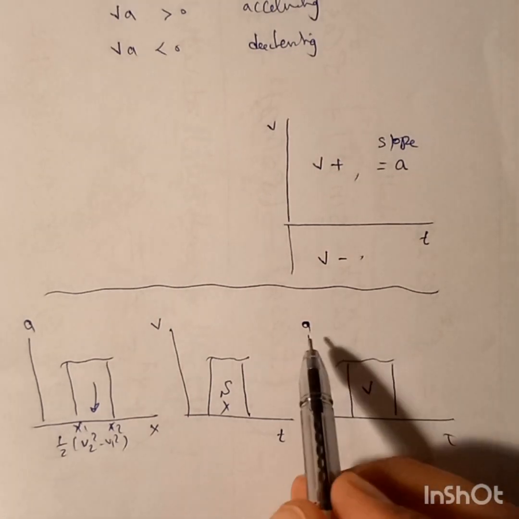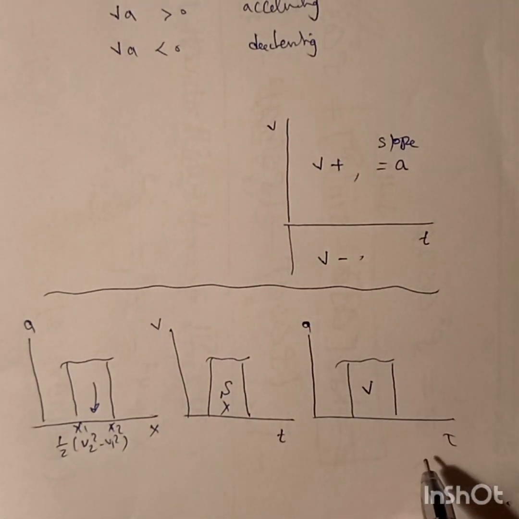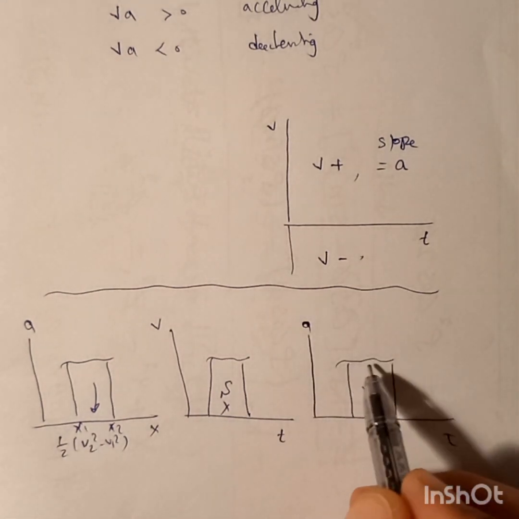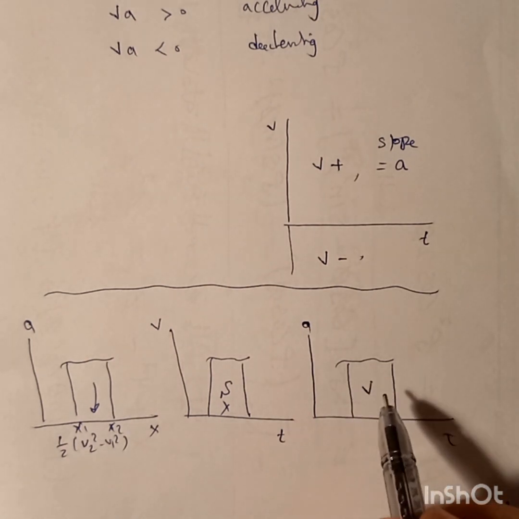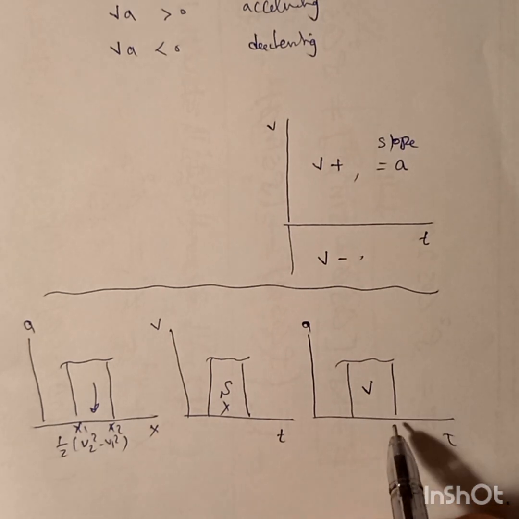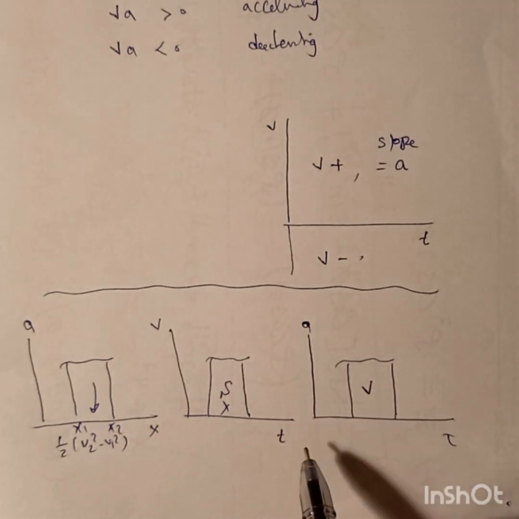The first one represents the relation between acceleration and time of the motion of any body. Then the area under the curve between t1 and t2 represents the velocity change of this body during this time interval.